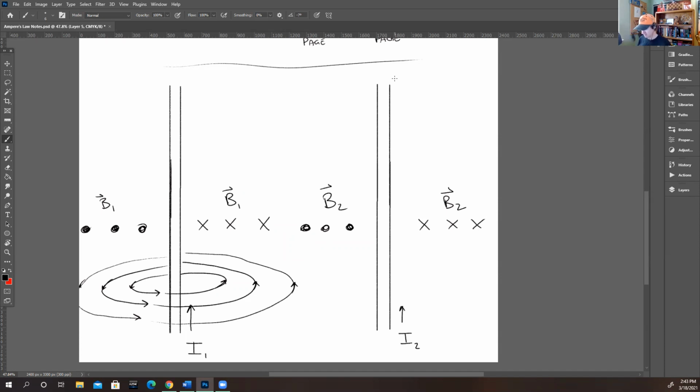Well, we need to look at some specific things. Let me pull this up so I don't have to draw a hand. So let's look at this. What will be the force? Where will this second wire be forced to move? So we need to look at all of the factors acting on it.